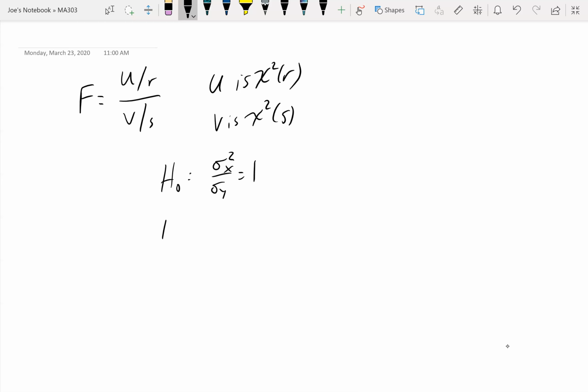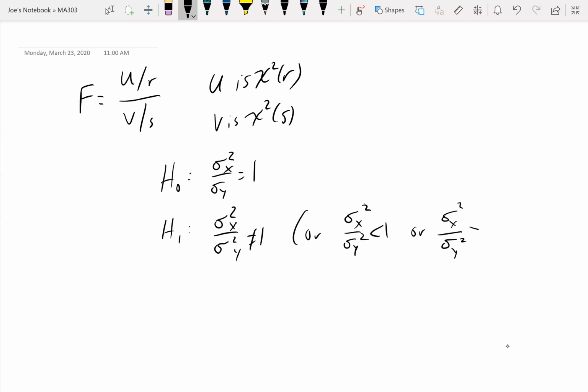is 1, and your alternative hypothesis is that it's not 1, that would be two-tailed, or you could do less than 1 or greater than 1. You could do your corresponding one-tailed tests.